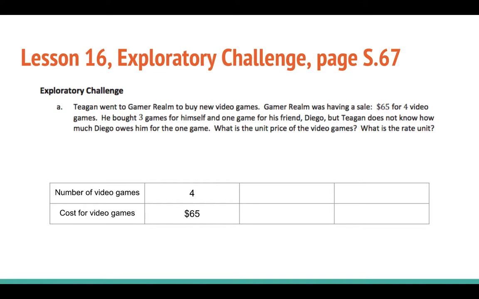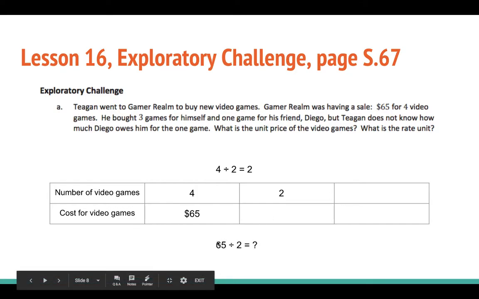Okay, now we are told that the number of video games is 4 and the cost for video games is $65. Now we know that 4 divided by 2, so we're just going to keep breaking this down like we did with the example above, is 2. So we're going to put a 2 there. And what is 65 divided by 2?